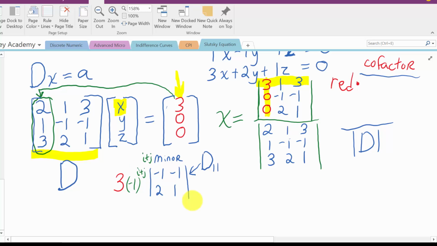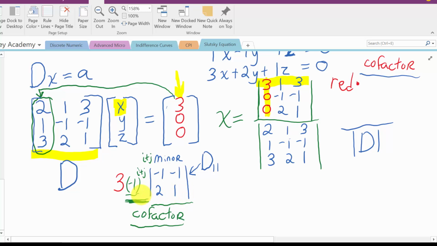No big deal here. This minor, along with this -1 to the i plus j, that is what we call a cofactor. So in order to find the determinant of a 3x3, just to summarize here, you take each element, and you could use the first row, we're going to use the first column. Take each element of the first column and multiply it by its cofactor, which is a signed minor.